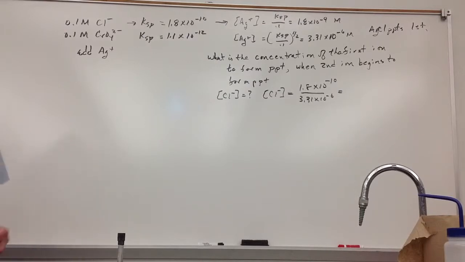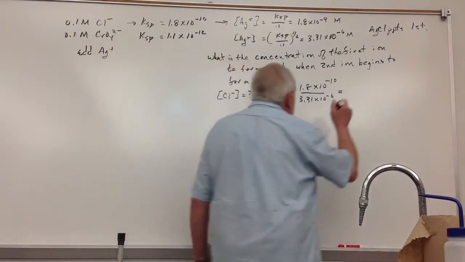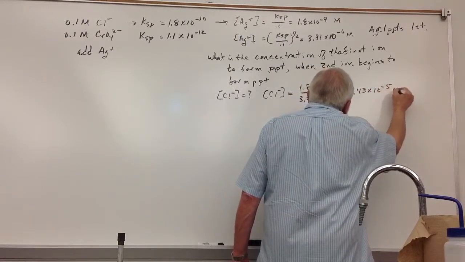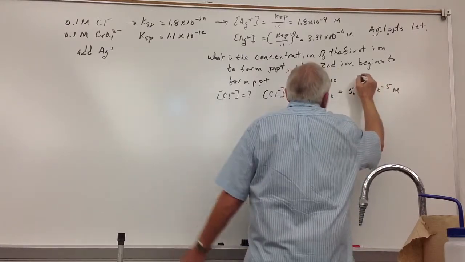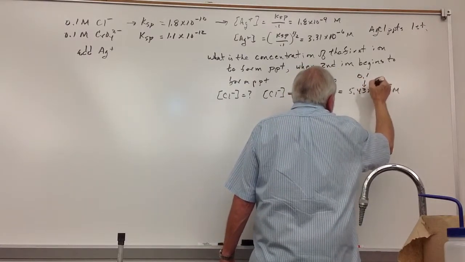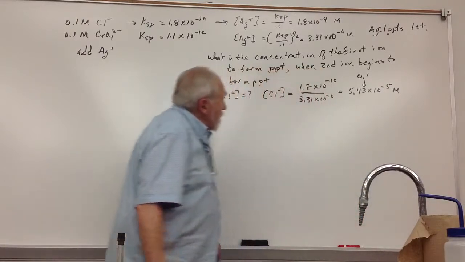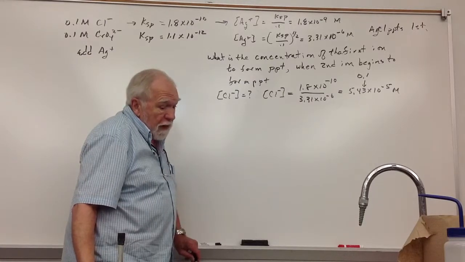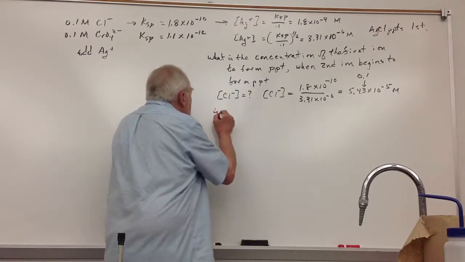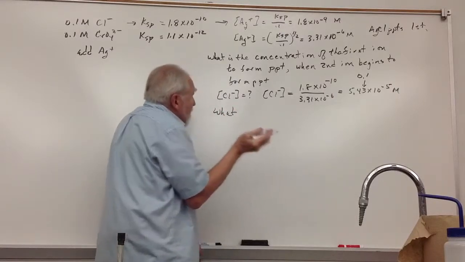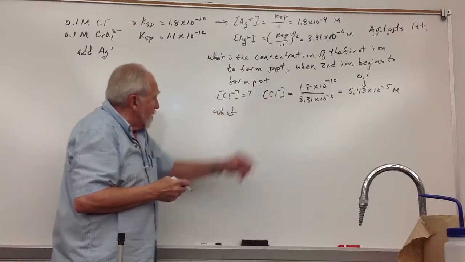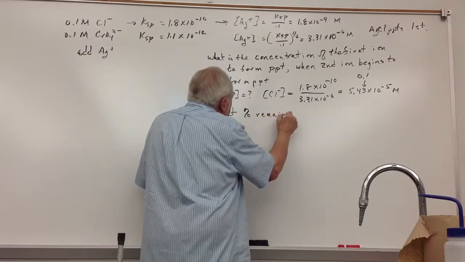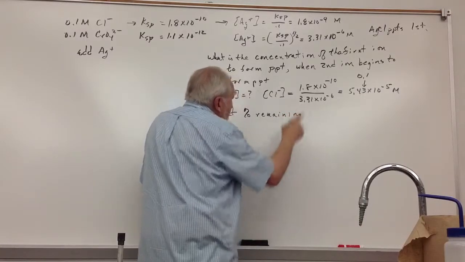And we get 5.43 times 10 to the minus 5. So you can see that the chloride ion went from 0.1 down to this number. So we've got most of the precipitate out. The question is, what is the percent remaining in solution? That's another question I can ask. There's something you still have to calculate, and that's how much is in there.